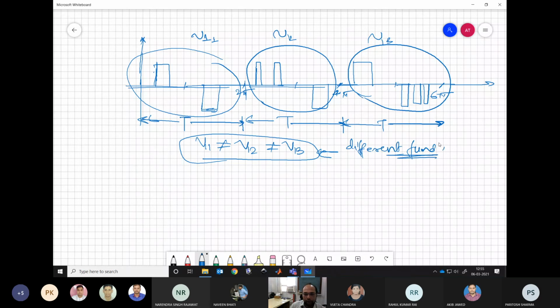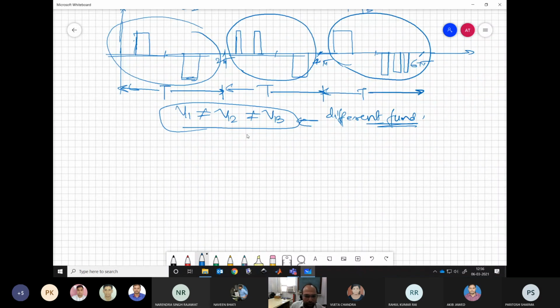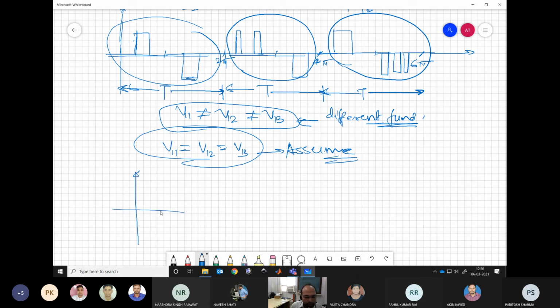Now let us say, even if by some chance we are maintaining the same V1, V2, let's say this is maintained. Still, what will happen? Let us say now after 3 cycles, this pattern has repeated itself. So 3 cycles we are having like this, and then again 3 cycles like this. So this pattern is repeating after 3 cycles.